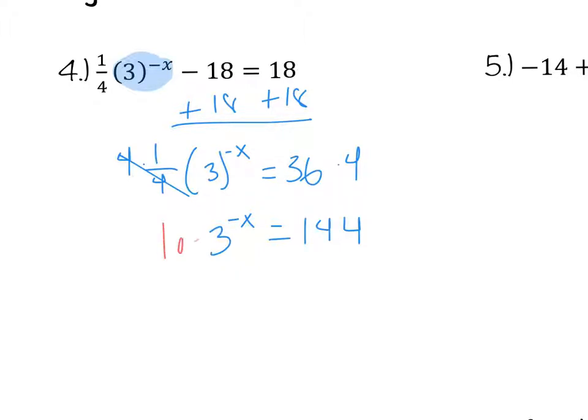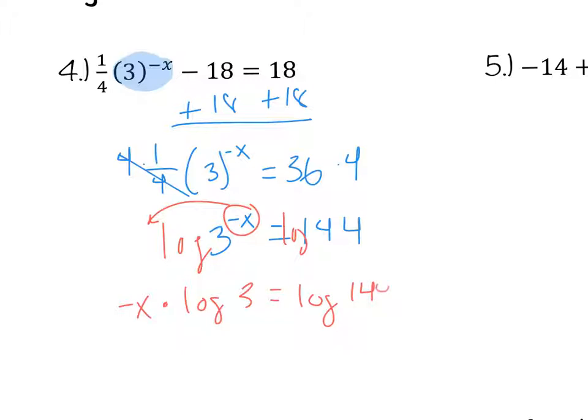So I will log this side, log that side. That will allow me to take the exponent, bring it out front, so it's negative x times log of 3 equals log of 144.